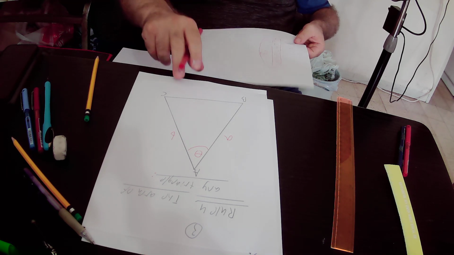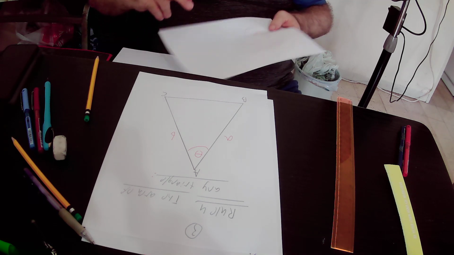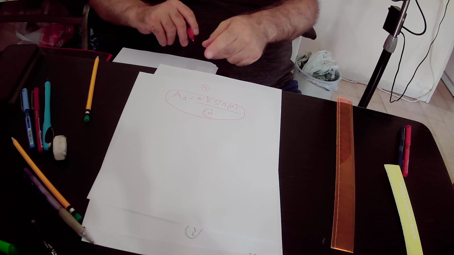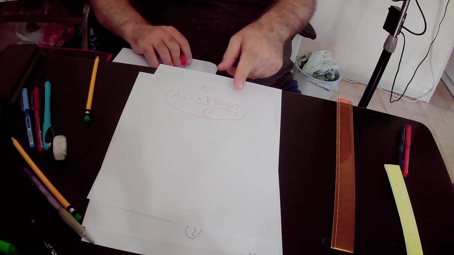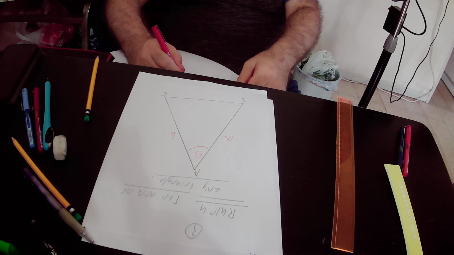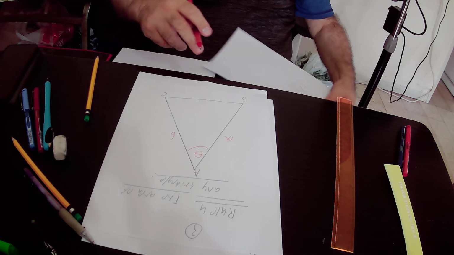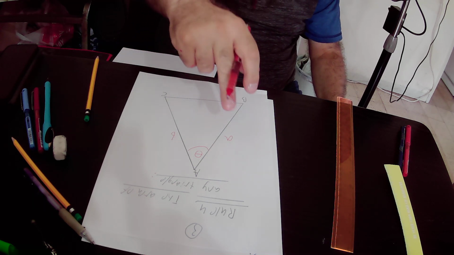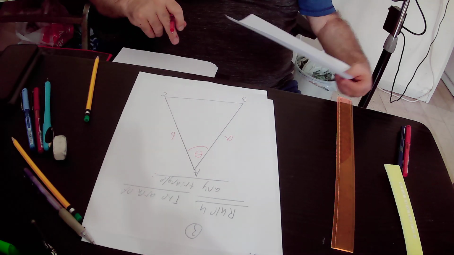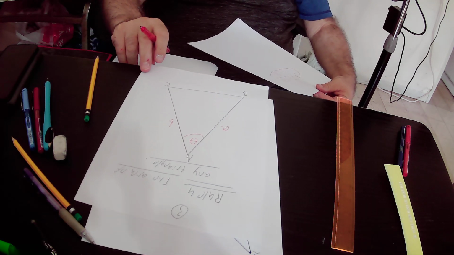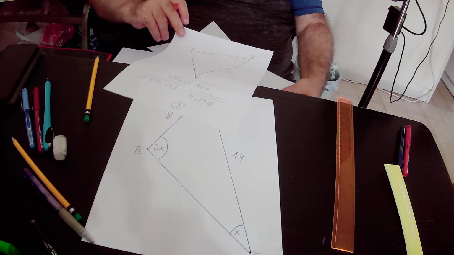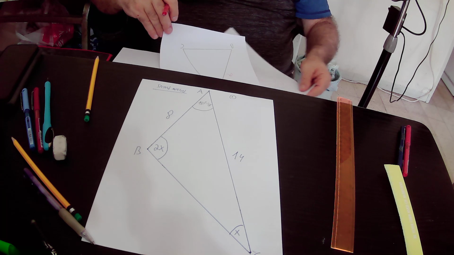Again, the area of this triangle ABC, according to rule number 4, equals A times B times sine theta over 2. So that is rule number 4.